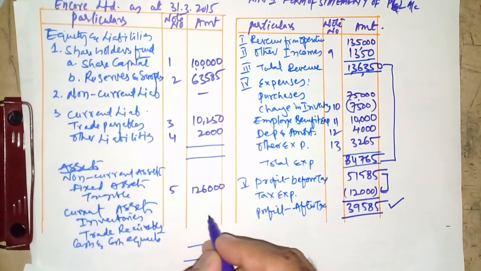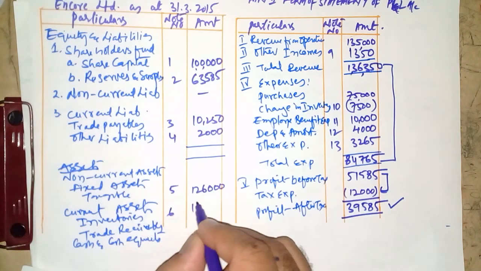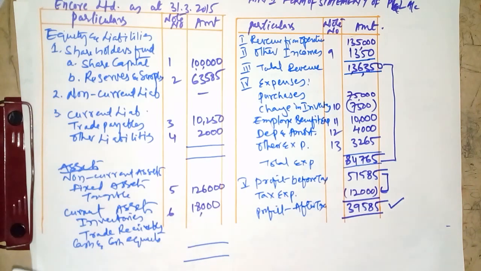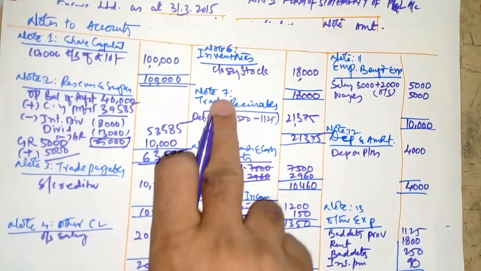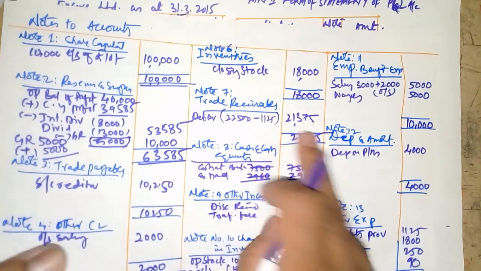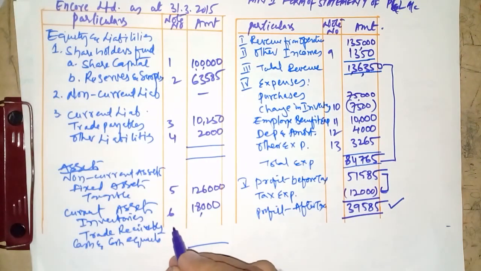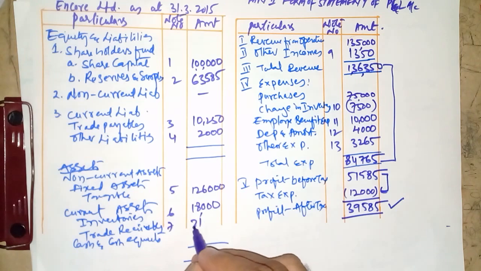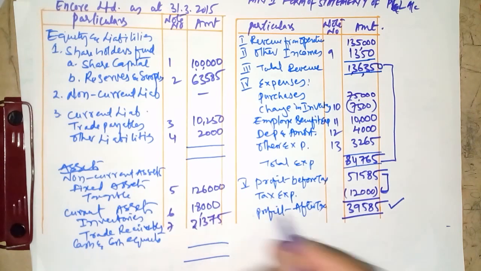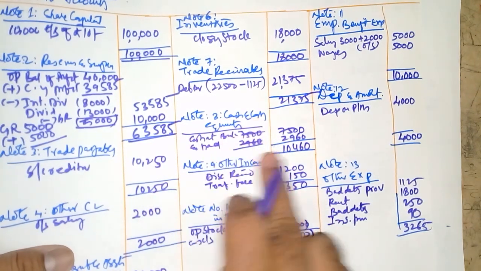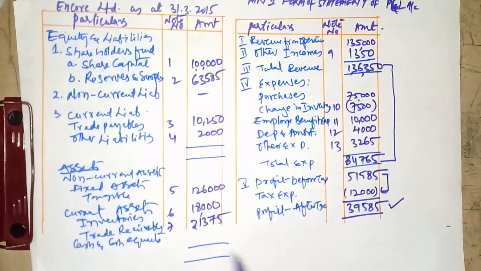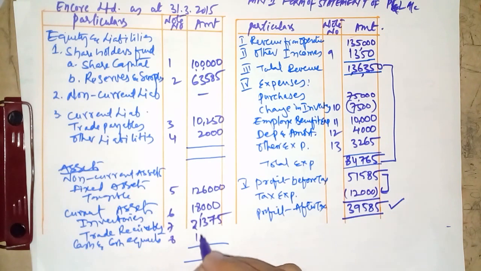Once the tangible asset is done, then under current asset we have inventories 18,000. So inventories note 6, 18,000. Then we have trade receivables note 7, 21,375. Then cash and cash equivalents 10,460.